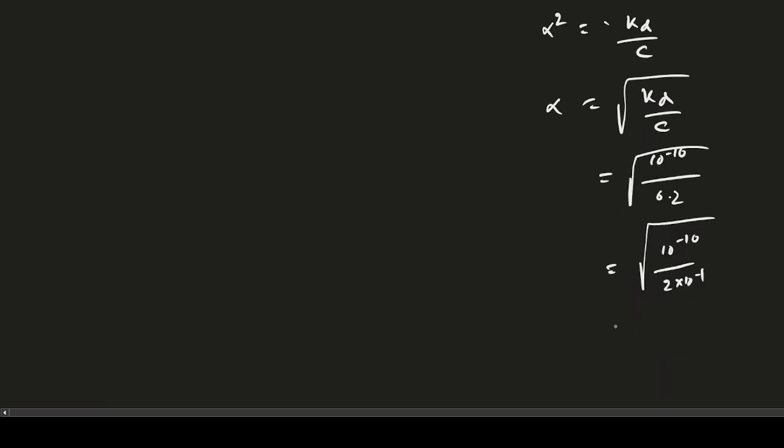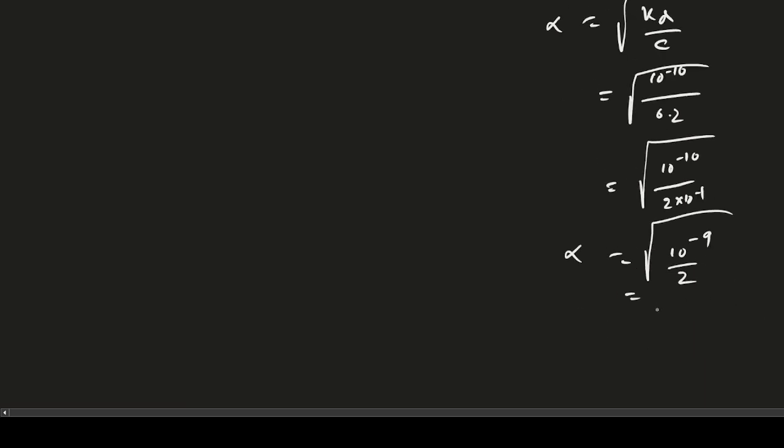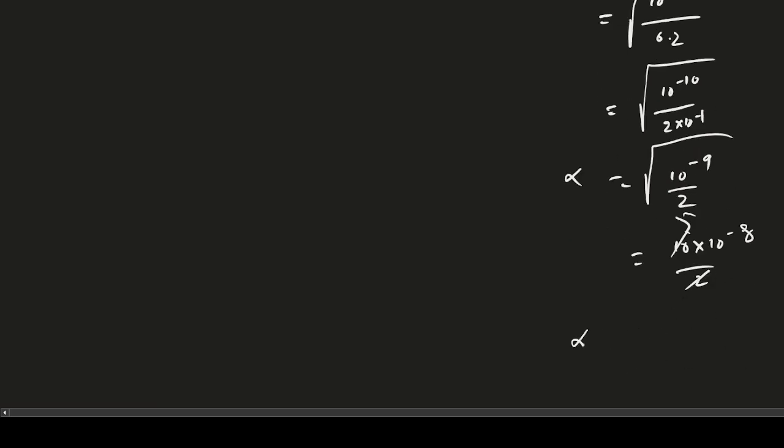This gives 10 raised to minus 9 divided by 2 under the root, which comes to 5 into 10 raised to minus 10... so alpha equals root of 5 into 10 raised to minus 8.